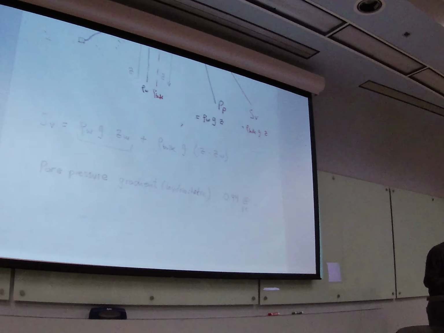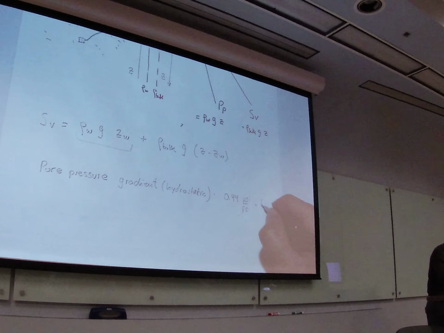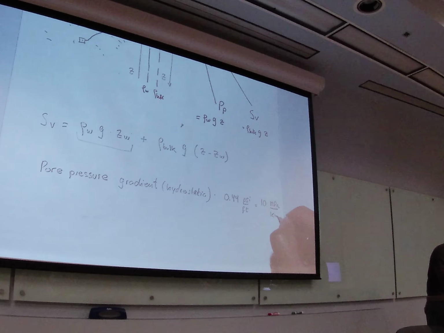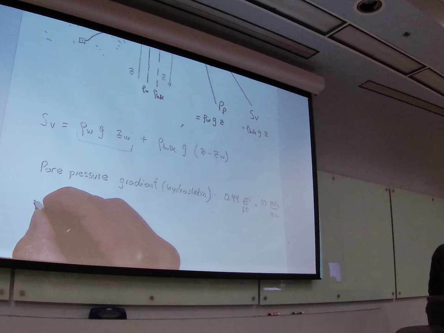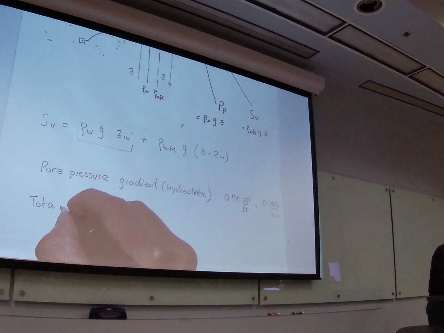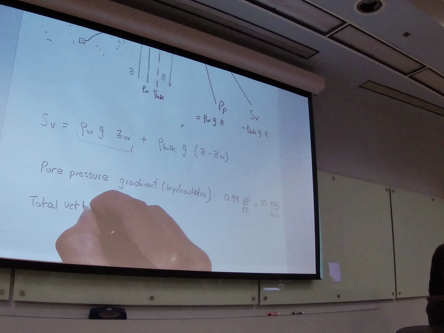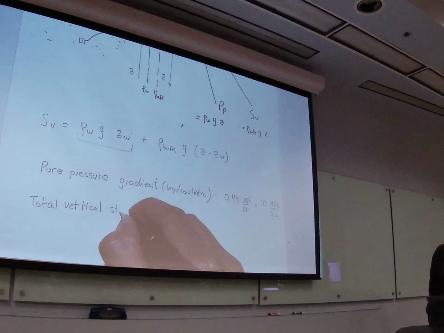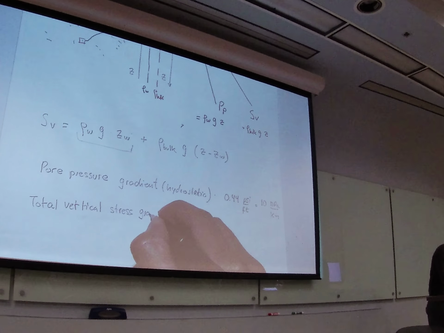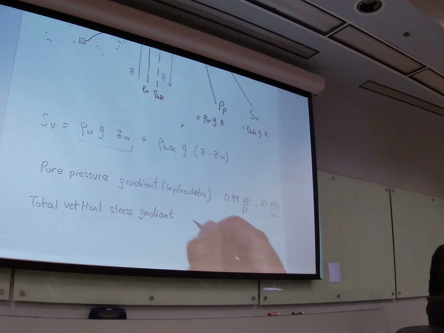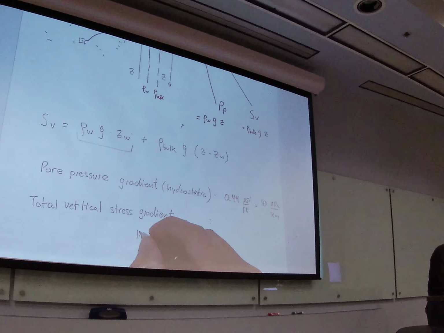And this is the same, we said, as 10 MPa per kilometer. Total vertical stress gradient, also called sometimes lithostatic gradient. Let me write it over here.